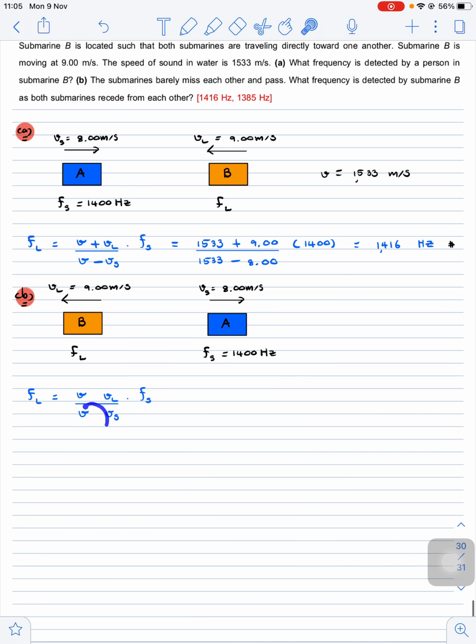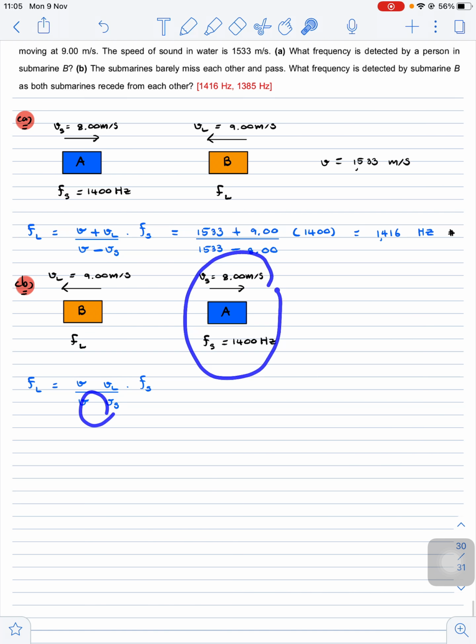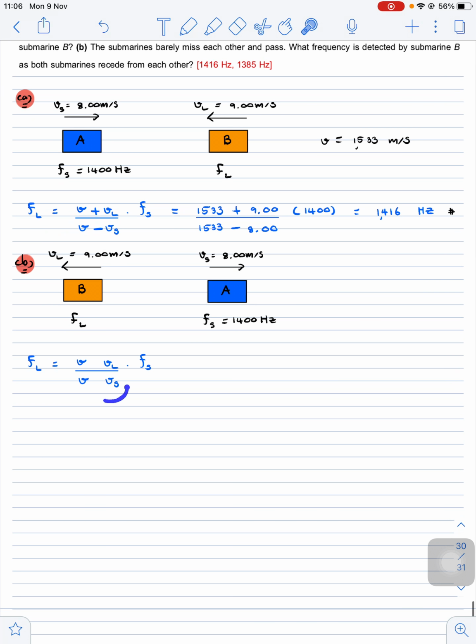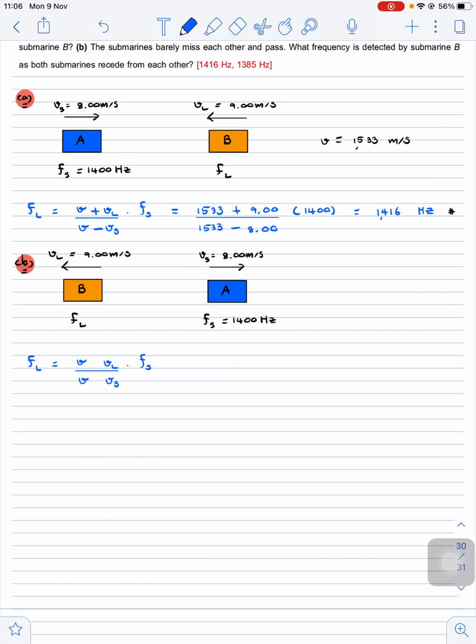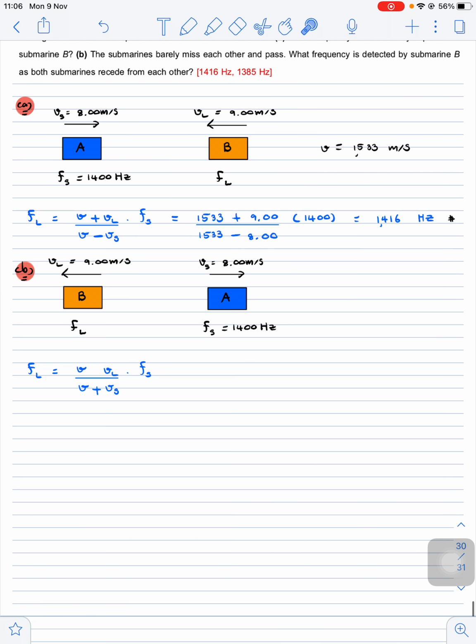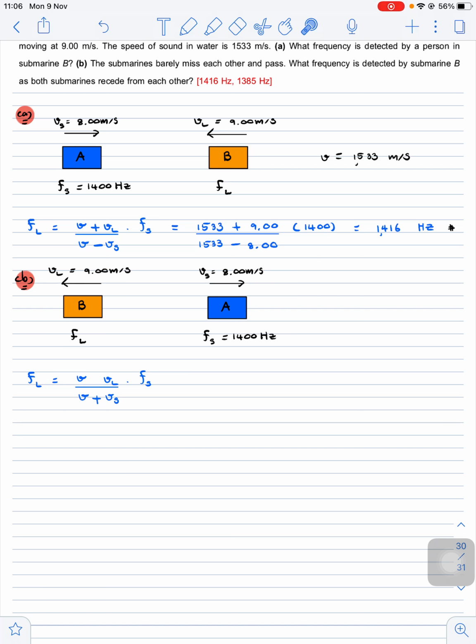Okay, now for the sign. Because the source is moving away from the listener, the frequency that we hear should be lower than the frequency of the source. For the source, we need to pick the plus sign, because if the denominator increases, FL should decrease.